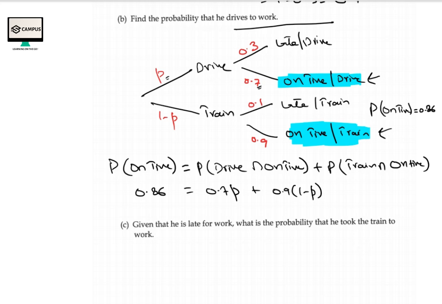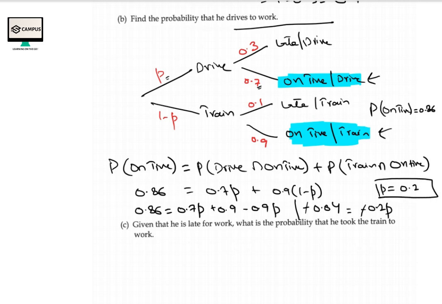So we can solve this equation for p. If we simplify it a little bit, 0.86 is equal to 0.7 p plus 0.9 minus 0.9 p, and we can simplify it to 0.86 minus 0.9 is minus 0.04 equals minus 0.2 p, and the minus signs cancel out, and p is equal to 0.2.